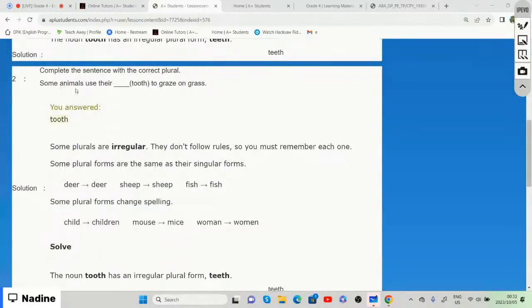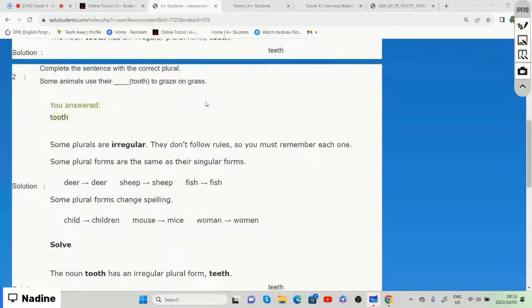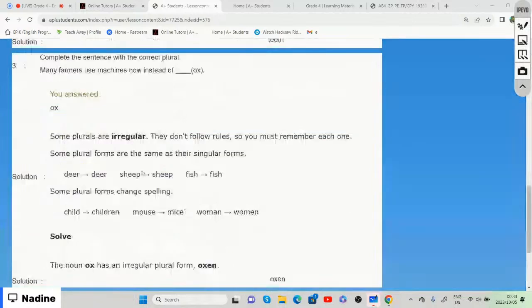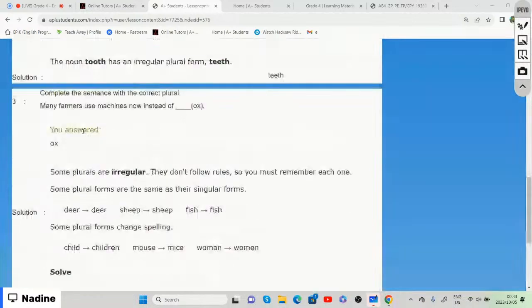The same with some animals use their teeth to graze on the grass. So teeth. All right, so now many farmers use machines now instead of ox. What do you think is the plural form of ox?